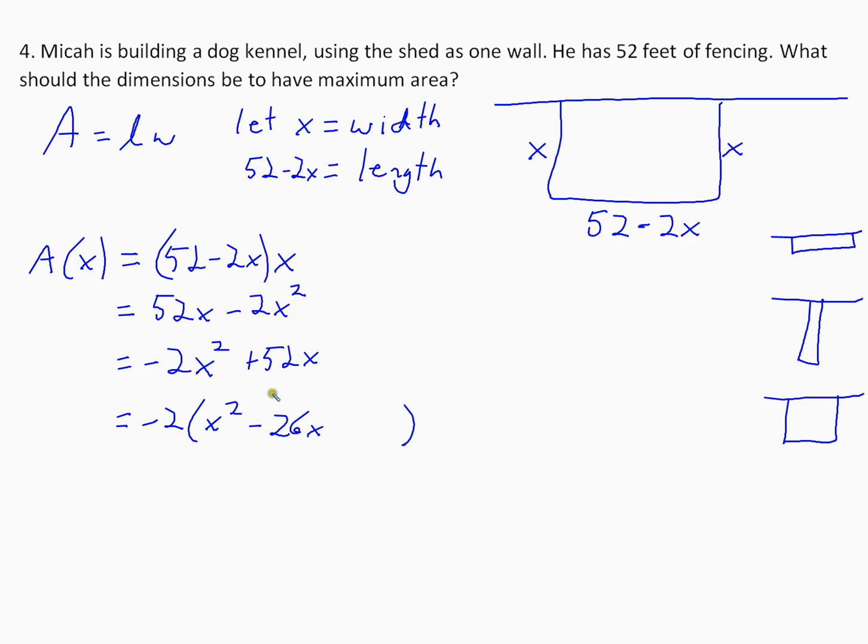So we take half of 26, which is negative 13, and we're going to square that. So 13 squared is 169. And then we want to multiply that by negative 2. So 169 times negative 2 gives us, wait, that's not right, 338.